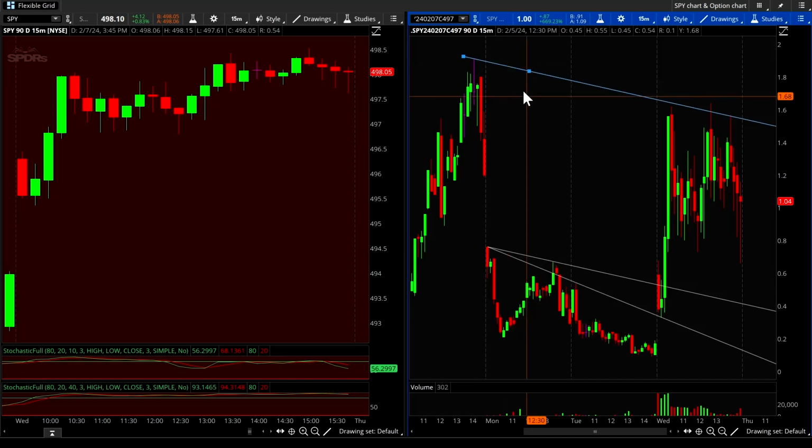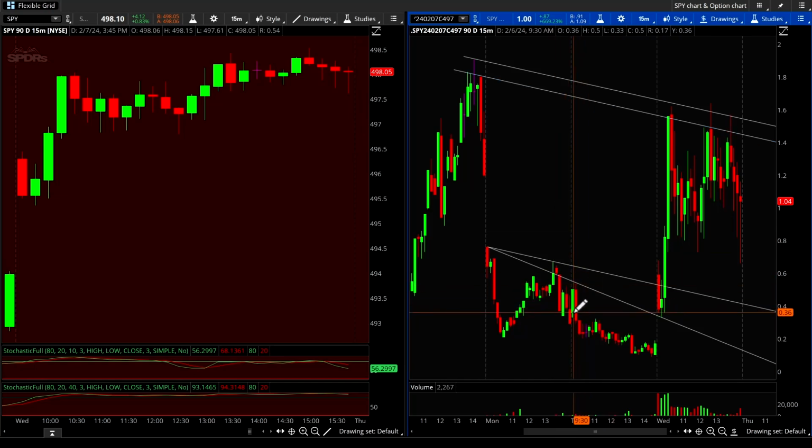But better yet, if you go in where there's more, let's say, resistance points, you get a good gauge as to where you should get in and where you should get out. Here we can put a line as well, because that's where it's opened and it came down to the open.